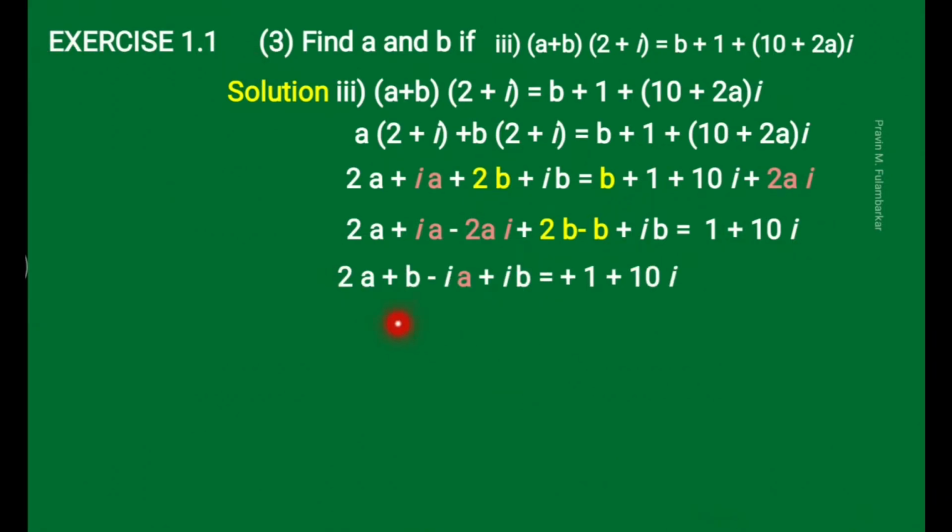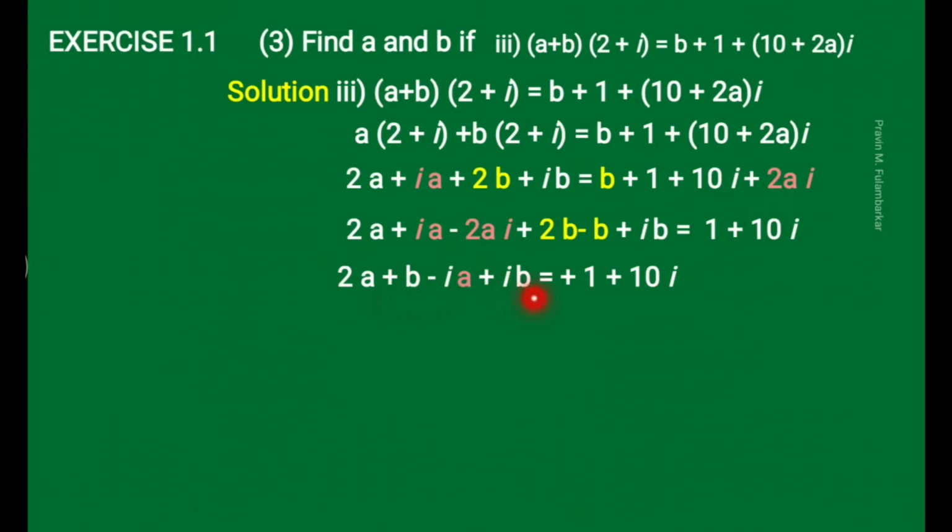Now we subtract those terms. This ia minus 2ai, we write minus ai, and 2b minus b, we write b. Here we write real part with real part, that is 2a plus b, minus ai plus ib, and 1 plus 10i on the right hand side as it is.